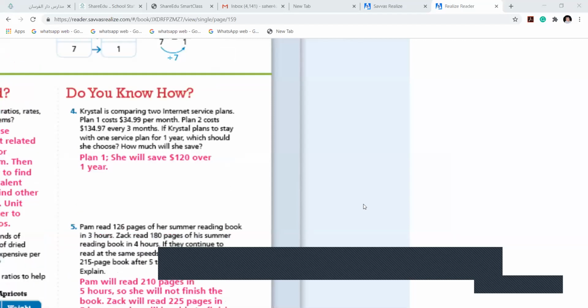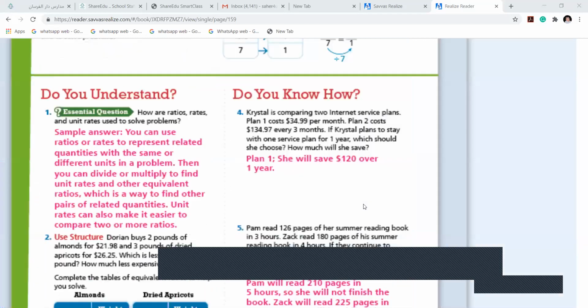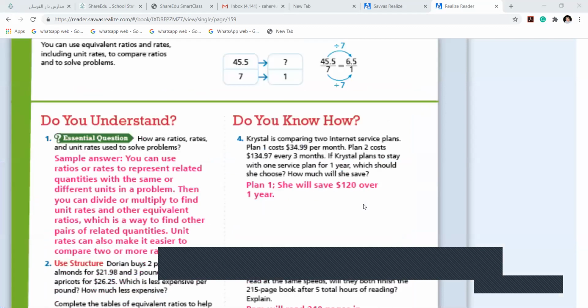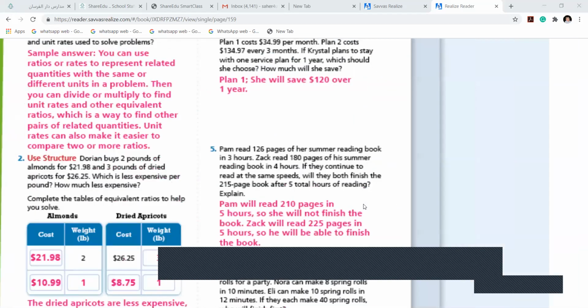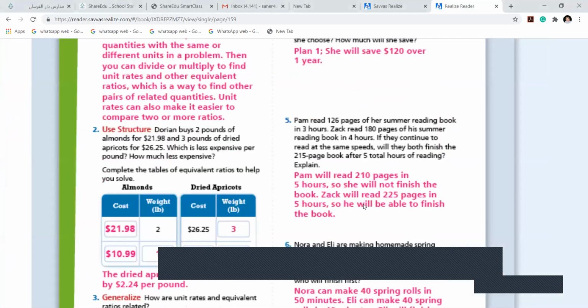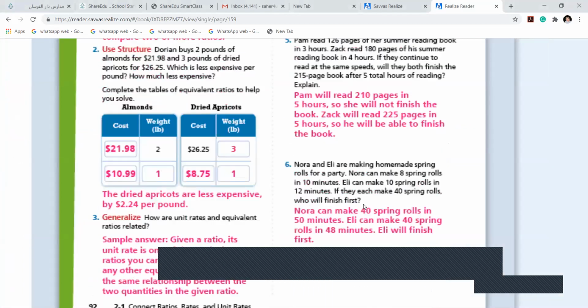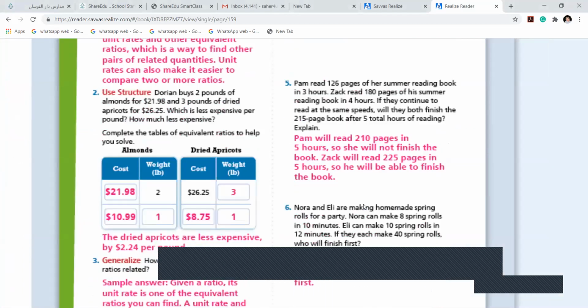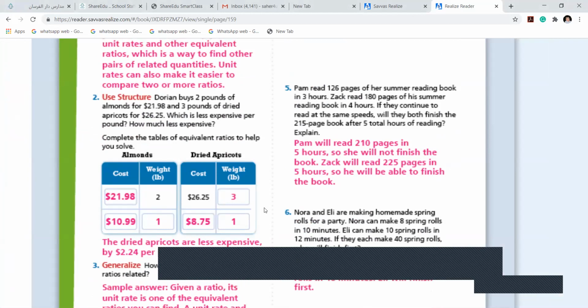Okay, girls. Question number 4. Can you see question number 4 here? Yes. Dorian buys 2 pounds of almonds for $21.98.